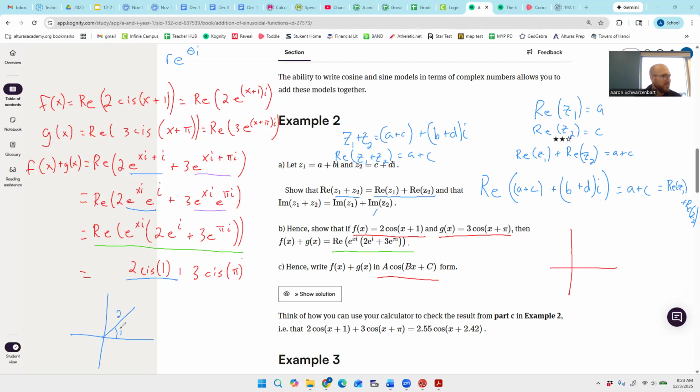Then, in purple, the next one is 3 and π, so the angle is π and the radius is 3. So this one is simply -3.